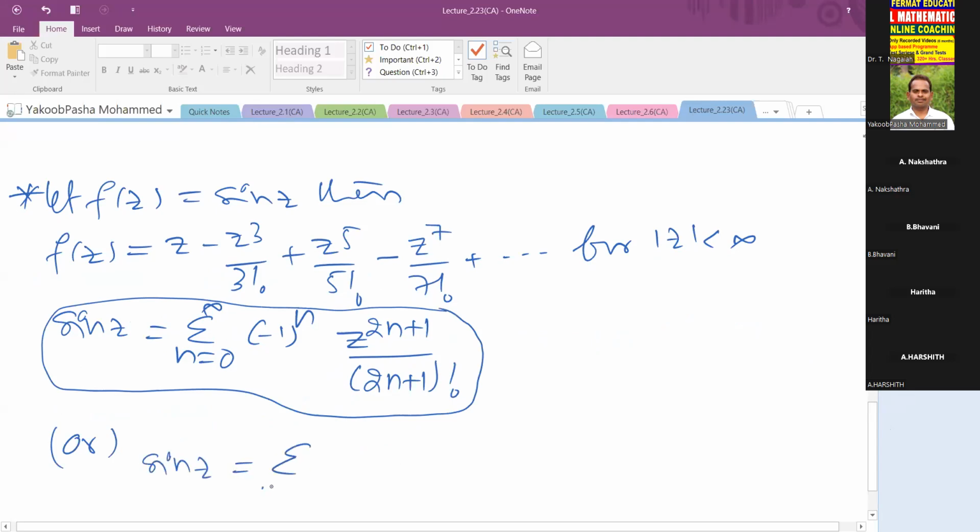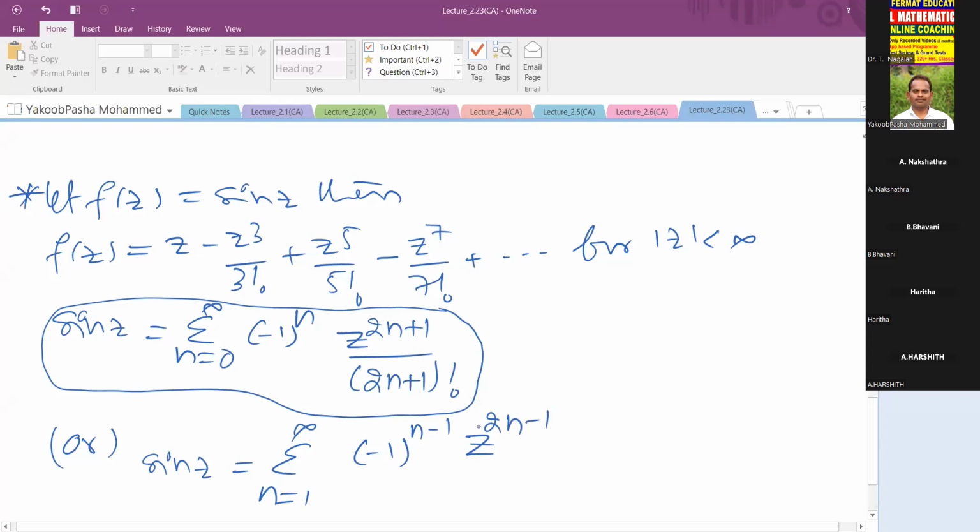Summation n starting from 1 to infinity, minus 1 to the power of n minus 1. When we take n equal to 1, it will be 0. Power 0 means 1, the first term. Then z power 2n minus 1.